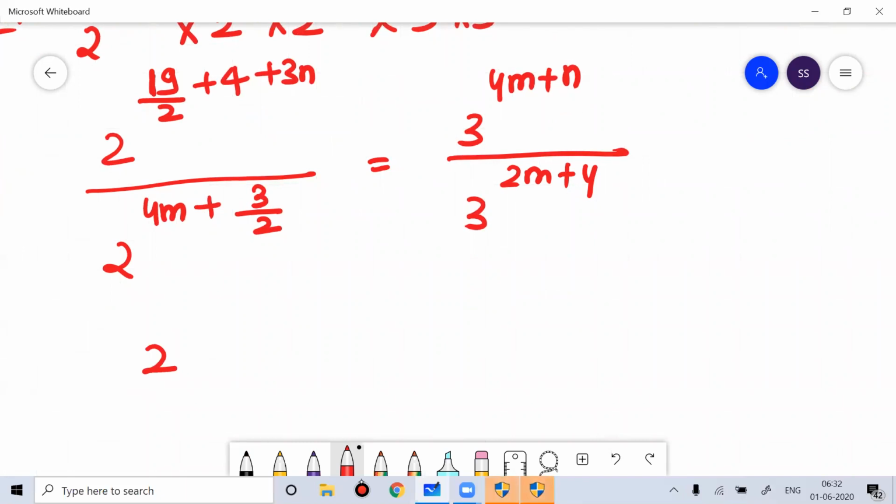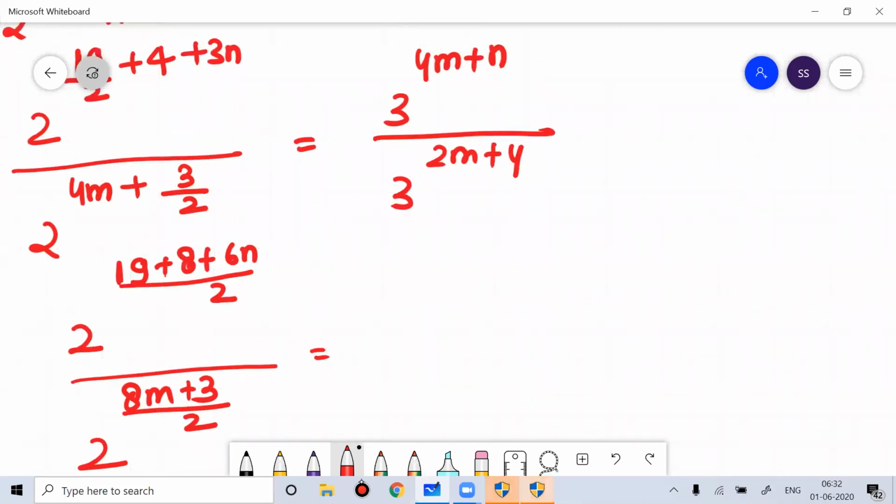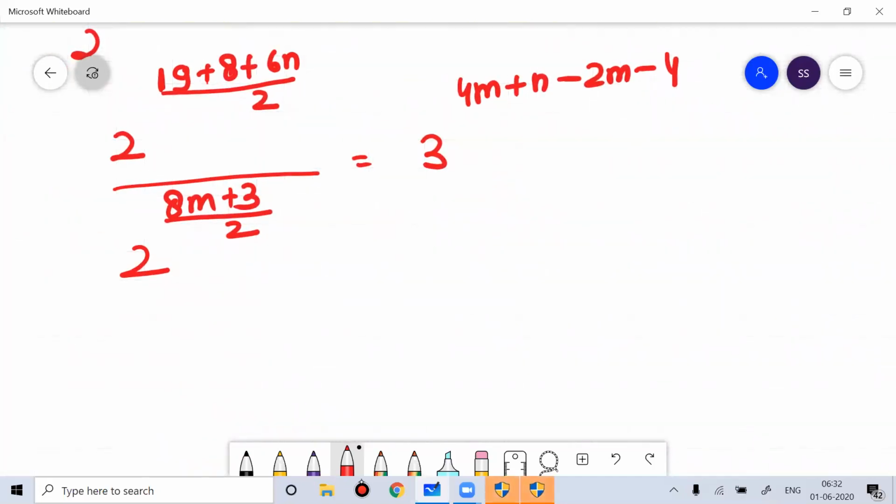So I can write this 2 to the power 19 plus 8 plus 6n by 2, divided by 2 to the power 8m plus 3 by 2, that is equal to 3 to the power 4m plus n minus 2m minus 4. Okay, so let's do some calculation here.